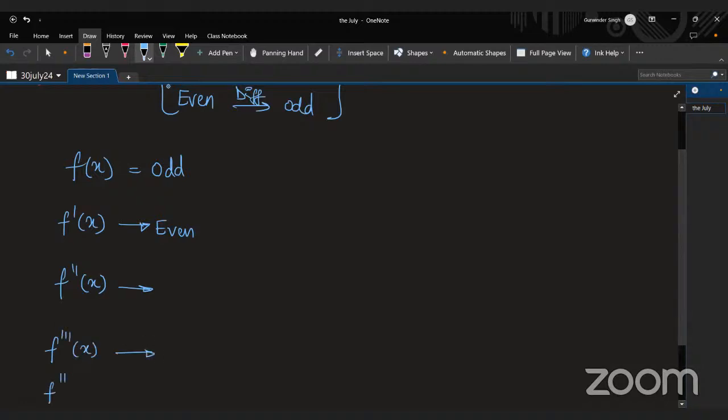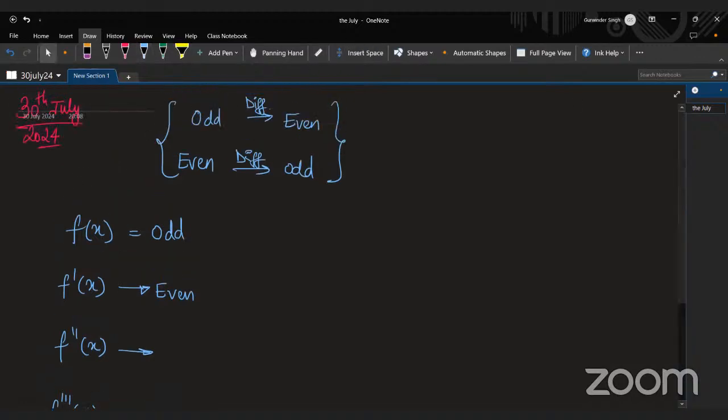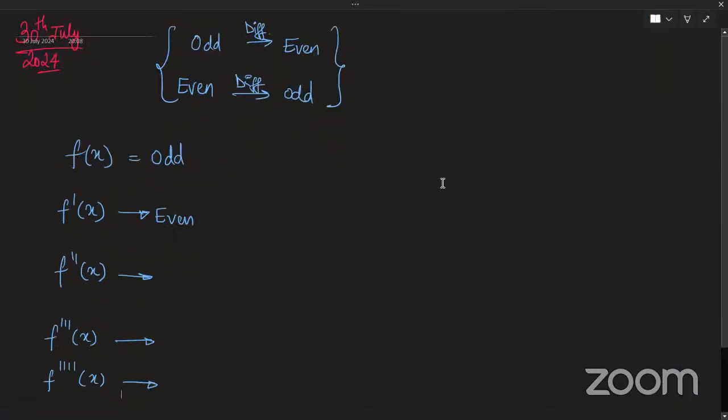What about f of 4 dash? Even, sir. f double dash x will be even. Okay. Can you please give me the logic? What logic did you use? If we differentiate, we get odd, sir.